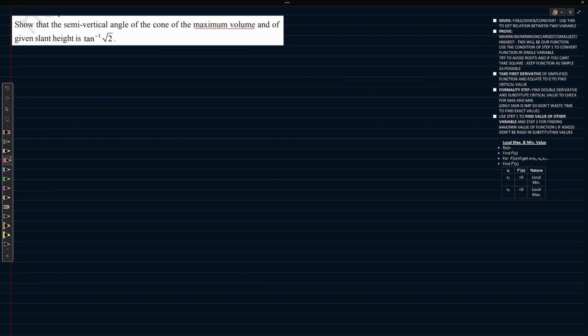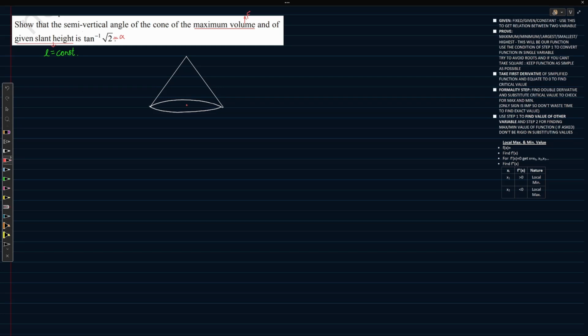Maximum volume: the word maximum is used, so volume will become our function. Slant height is given, which means the value of L is constant. We have to prove the semi-vertical angle is equal to tan inverse 1 by root 2 or tan inverse root 2.